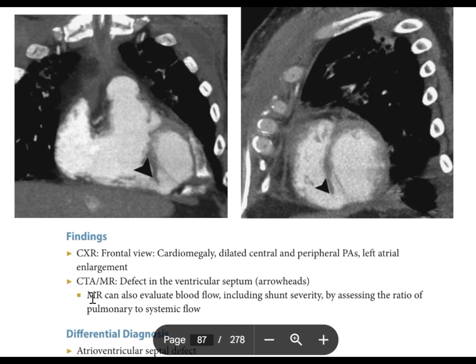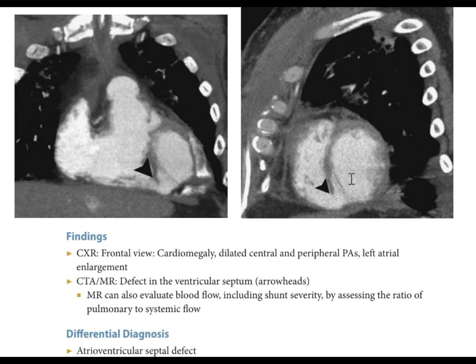This is a CT angio, coronal cut and axial cut. On the axial cut, this is the right atrium, which is anteriorly located, and this is the left atrium, posteriorly located, and this is the defect between the right ventricle and the left ventricle.